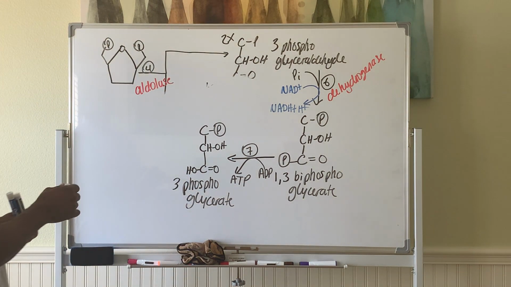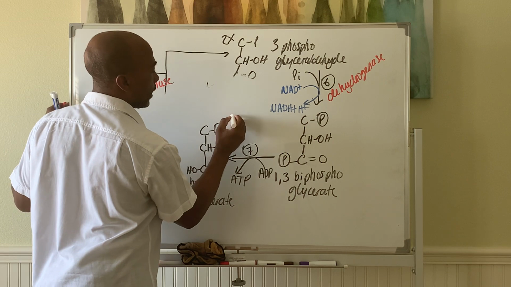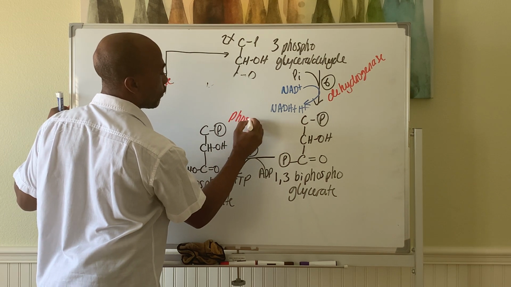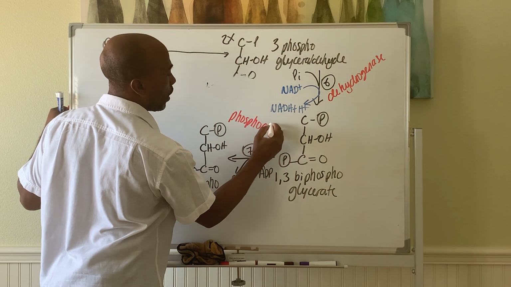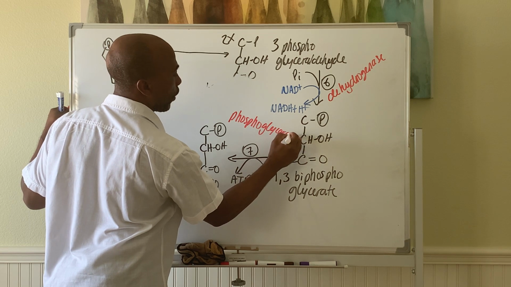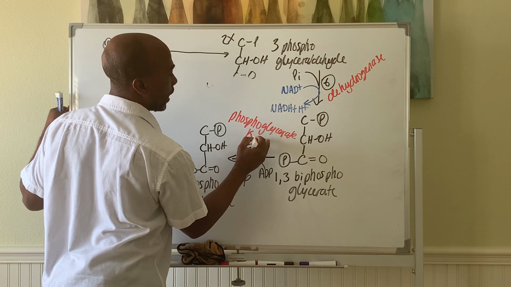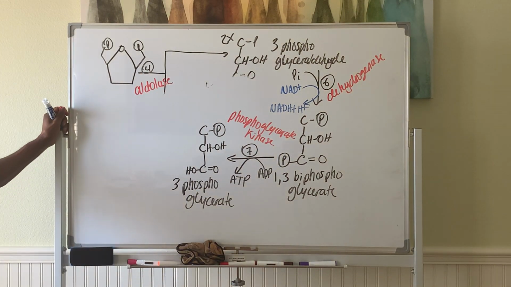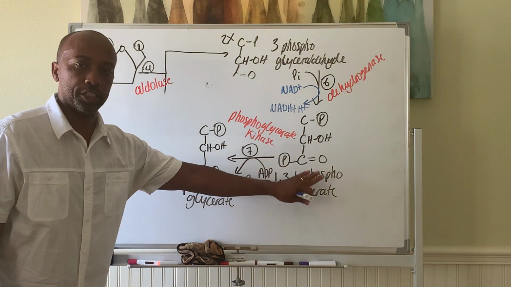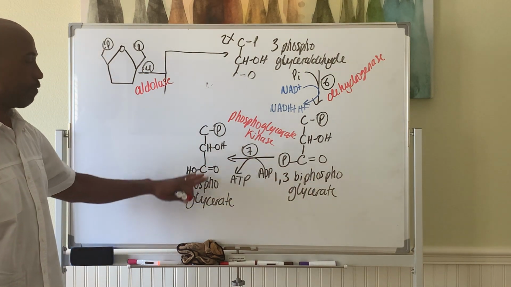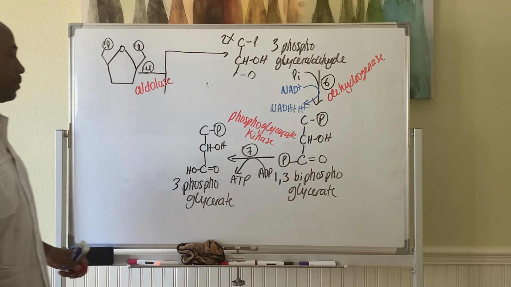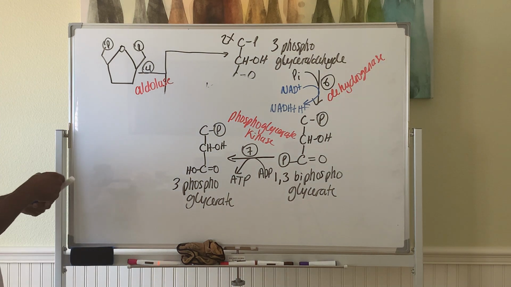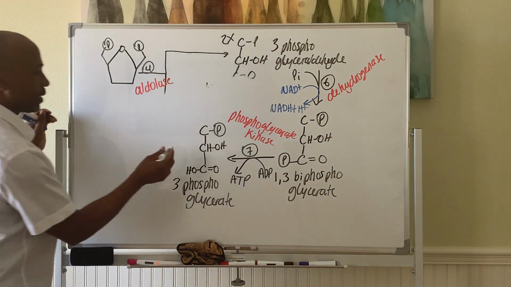And the enzyme that does reaction 7 is called phosphoglycerate kinase. So phosphoglycerate kinase is responsible for converting 1,3 bisphosphoglycerate into 3-phosphoglycerate. Okay?